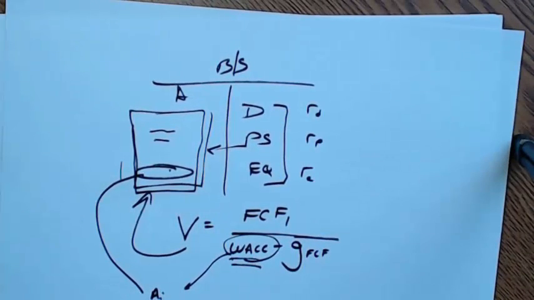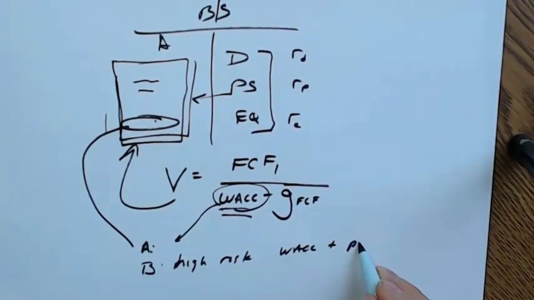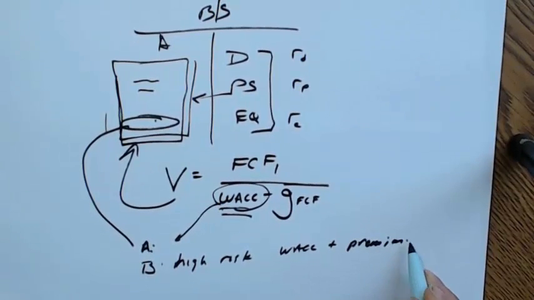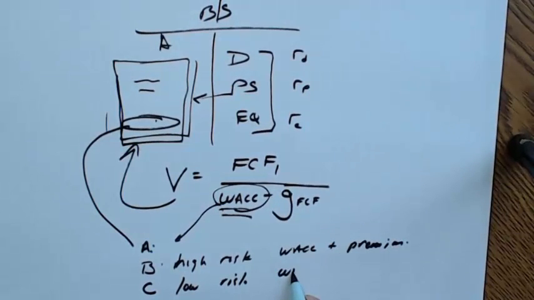Now, if we have project B and it's high risk, we should take the weighted average cost of capital and add some type of premium to it. Okay? If we have project C and it's low risk, lower than the weighted average cost of capital, we should take the weighted average cost of capital and subtract out a premium.